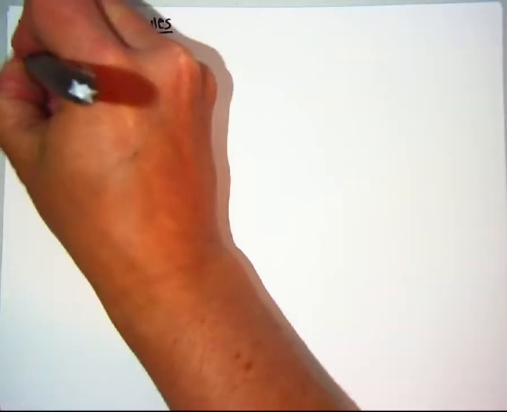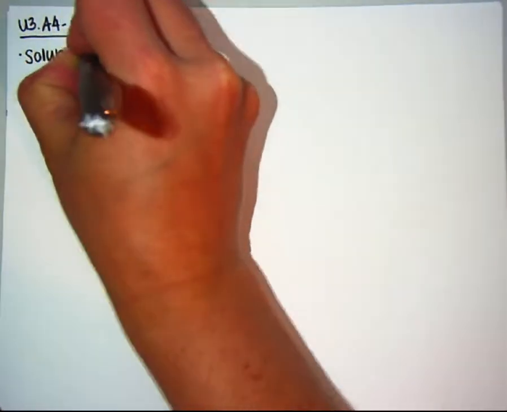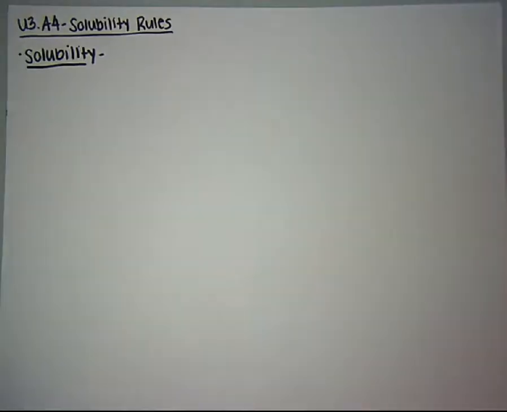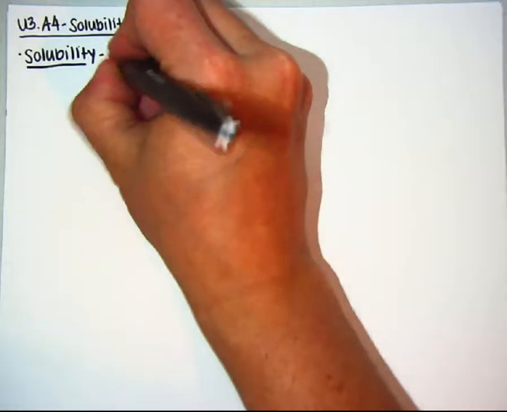So first, let's talk about what we mean by solubility. We've talked about that word soluble before. We said ionic compounds are soluble in water, meaning that they can dissolve in water.